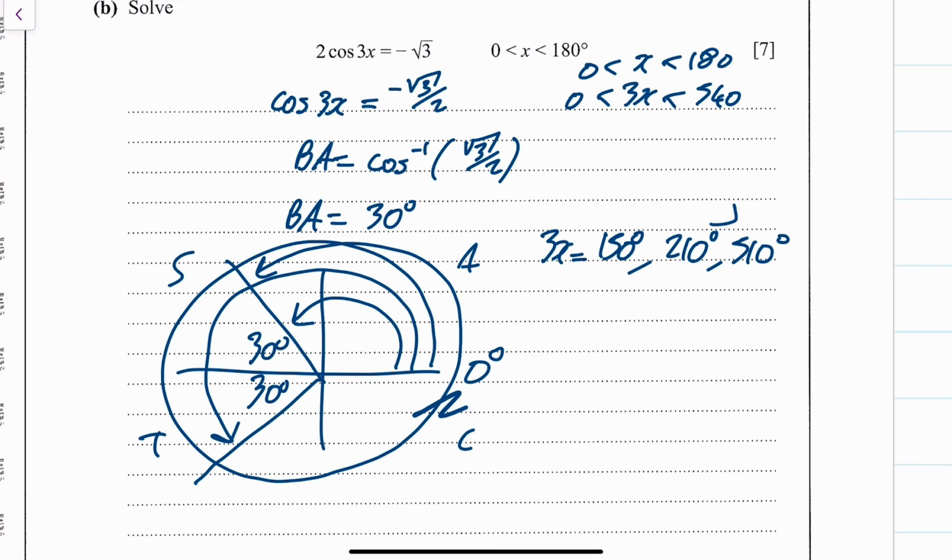Okay, very easy to make mistakes on these, so just be aware of that. So I've got those as my 3 values. Divide by 3 then. So 150 divided by 3 is just going to be 50. 210 divided by 3 is 70. 510 divided by 3 is 170 degrees. Okay, and there we go.